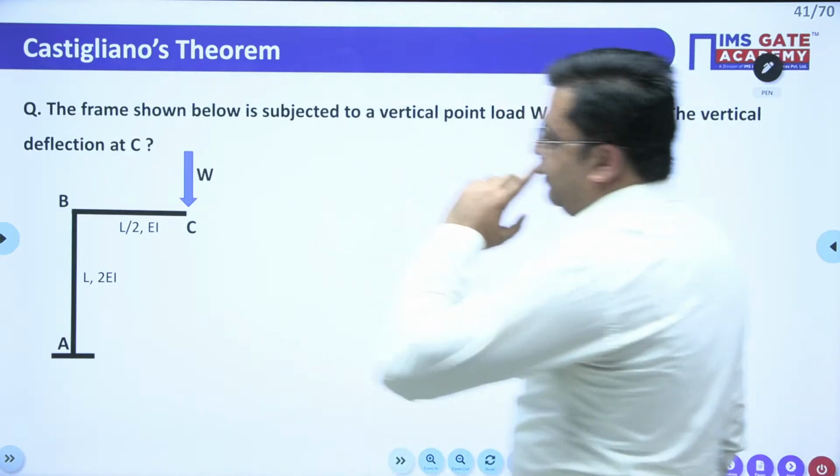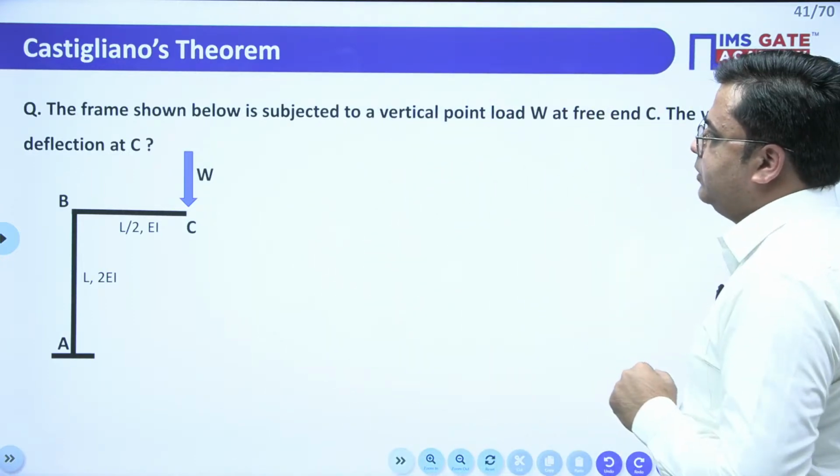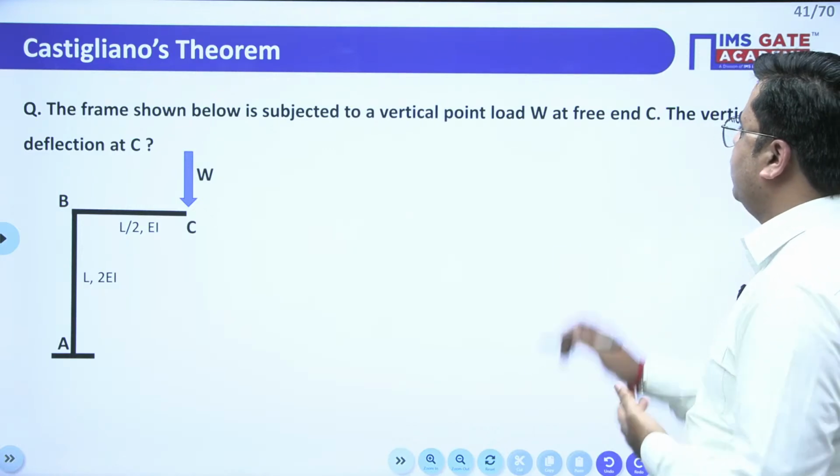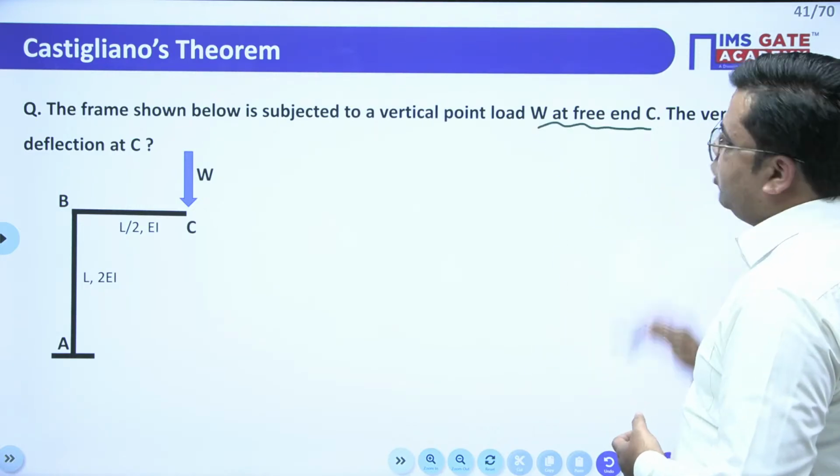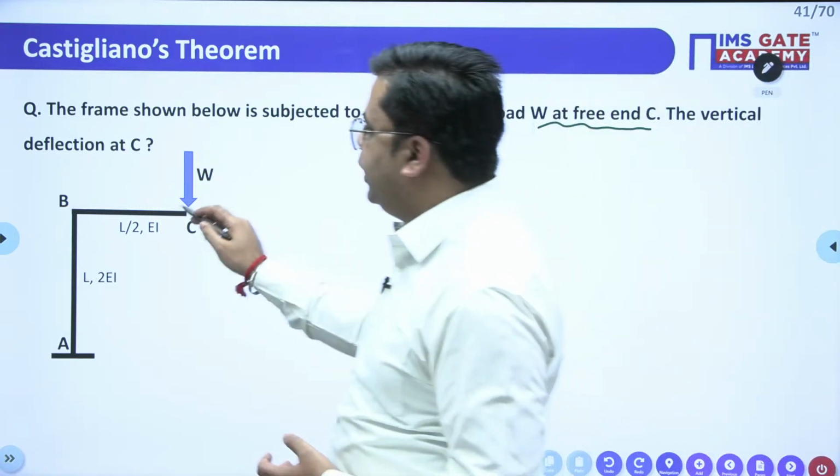Next, we are given the frame shown below, which is subjected to a vertical point load W at the free end, and you need to calculate the vertical deflection at point C, right?